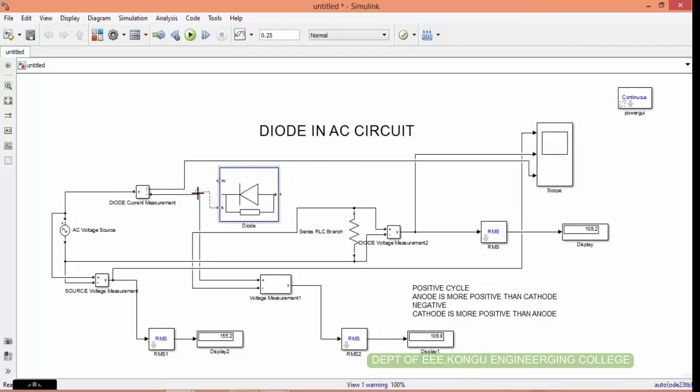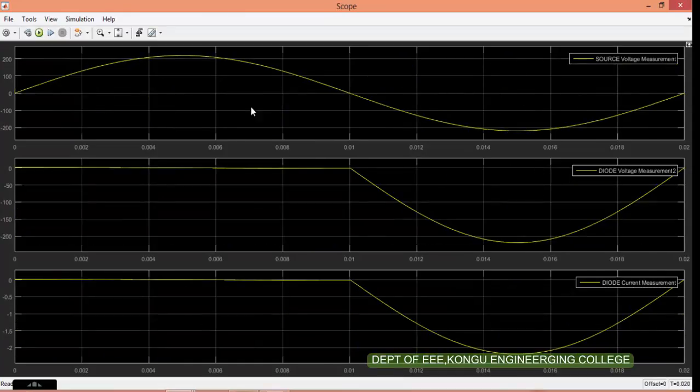Now anode is connected to positive and cathode is connected to negative. Before, we had connected anode to plus and cathode to the other side of the source. Now I have flipped the block and changed the connection: the cathode to current measurement and the anode to the resistor. Now let us simulate and see what the output is.